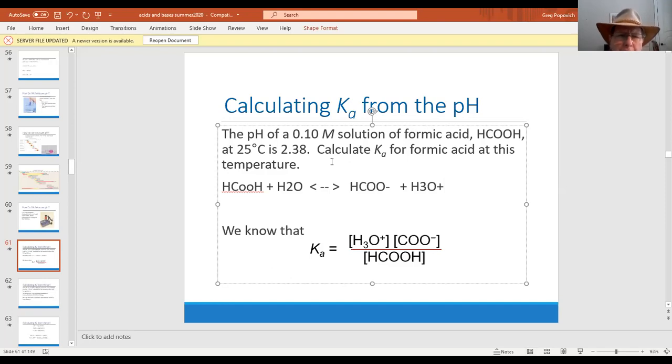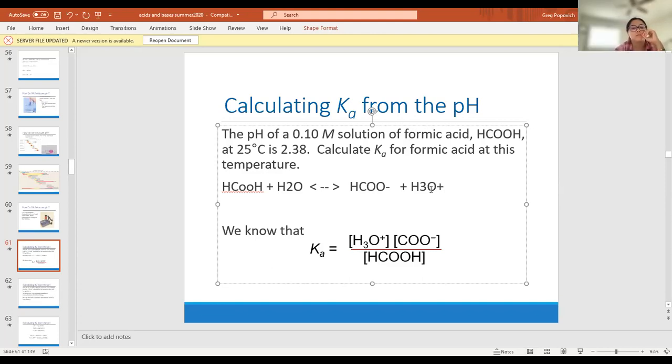Can you tell me what the relationship between my HCOO minus and my H3O plus is? Come on, guys, it's stoichiometry. What's the relationship between H3O plus and HCOO minus? 1 to 1.